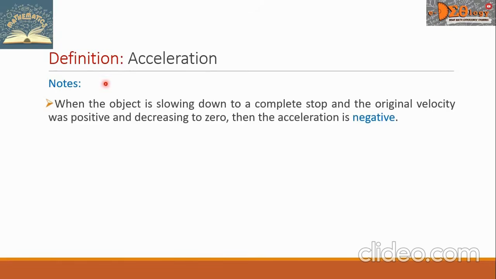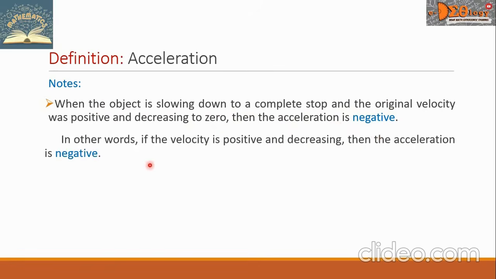There are some notes to remember also. Number 1, when the object is slowing down to a complete stop and the original velocity was positive and decreasing to 0, then the acceleration is negative. In other words, if the velocity is positive and decreasing, then the acceleration is negative.